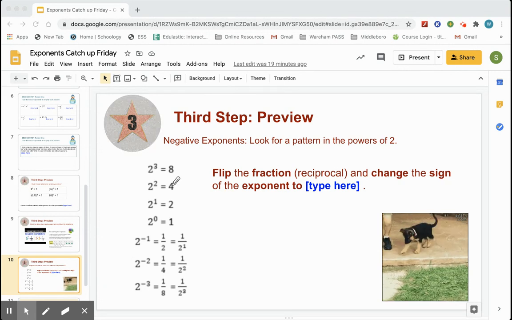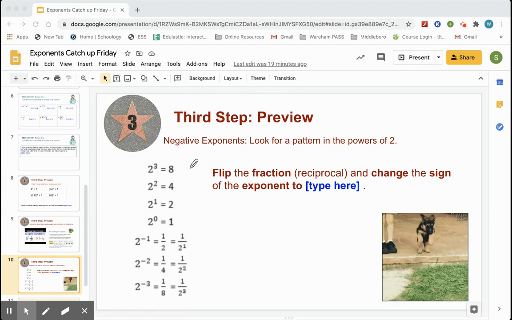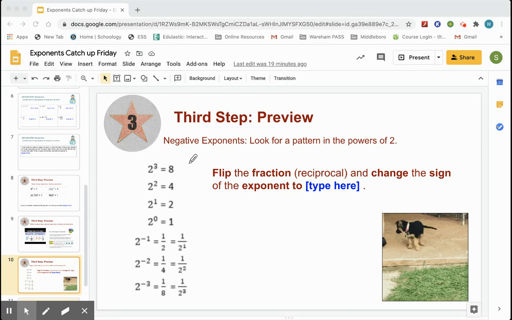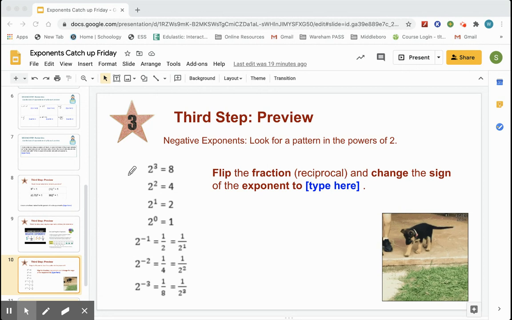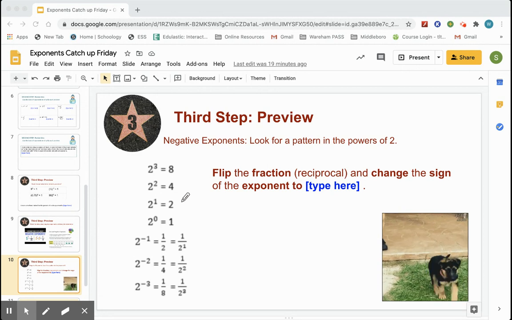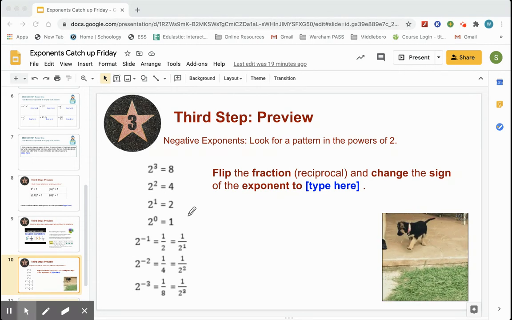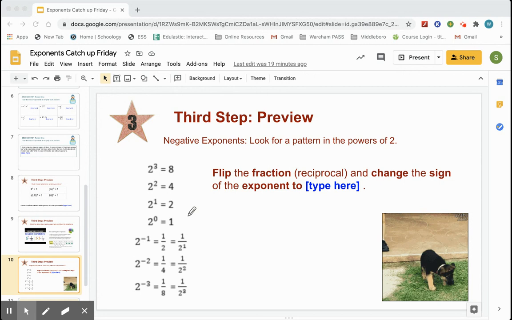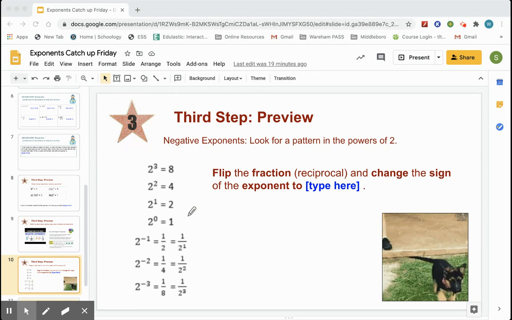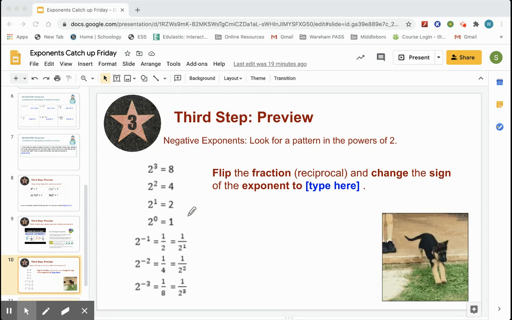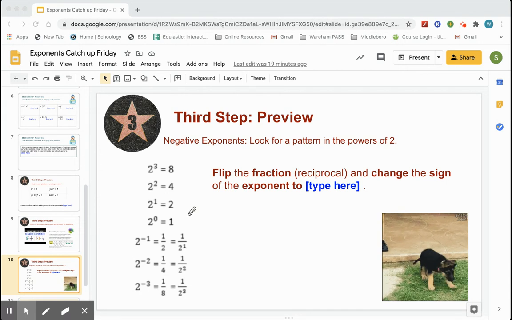So to go in the other direction, 8 divided by 2 gives 4, 4 divided by 2 is 2, 2 divided by 2 is 1. 1 divided by 2 is a half. A half of a half is a fourth. And half of a fourth is an eighth.